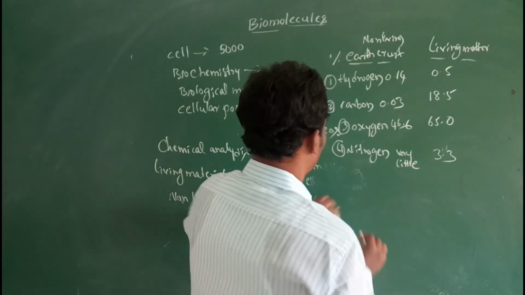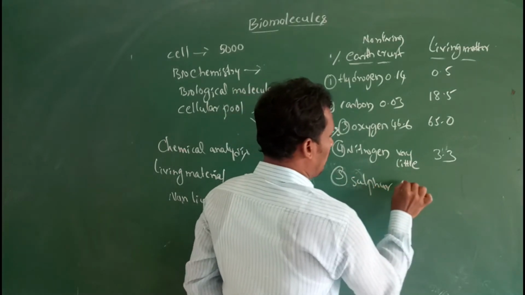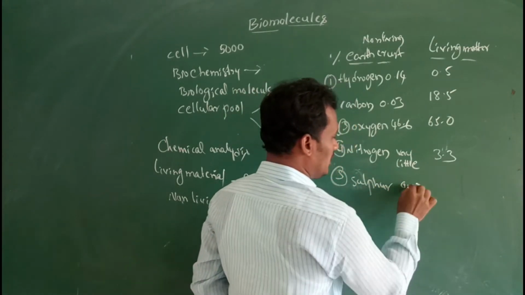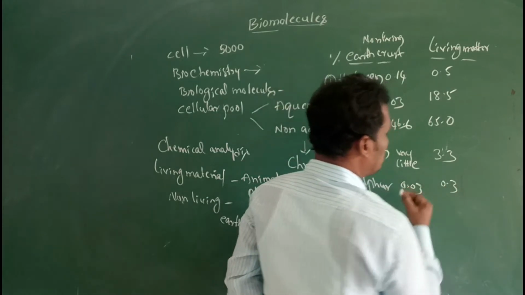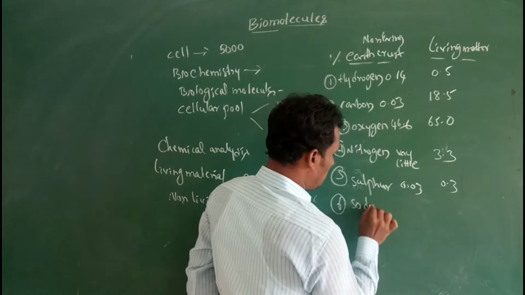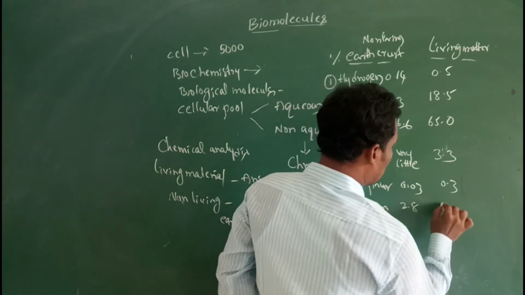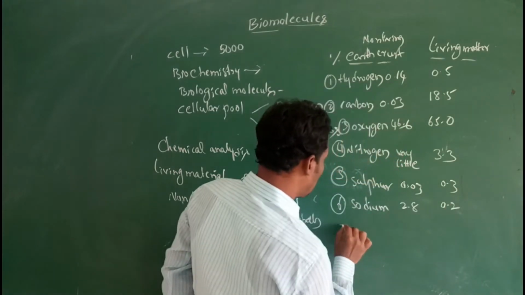Next one, sulfur: 0.03% in earth crust, 0.3% in living matter. Next, sodium: 2.8% and 0.2%.